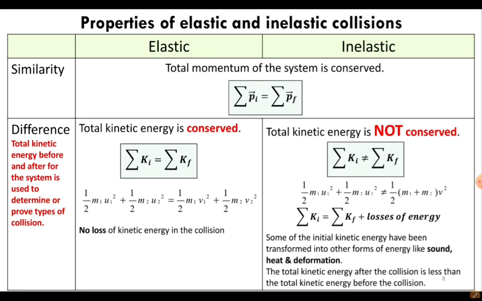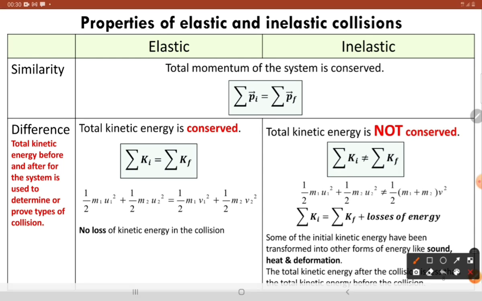Next is properties of elastic and also inelastic collision. So the similarity between elastic and inelastic collision is that the total momentum of the system for both collisions is always conserved, which means you can apply this principle for both, where total P initial is equal to total P final.